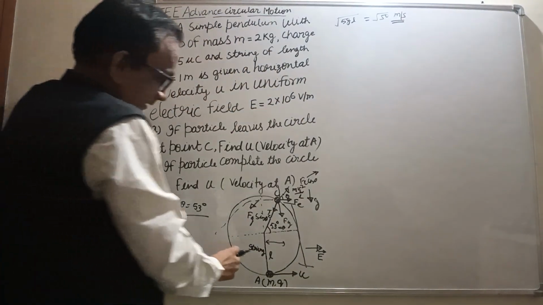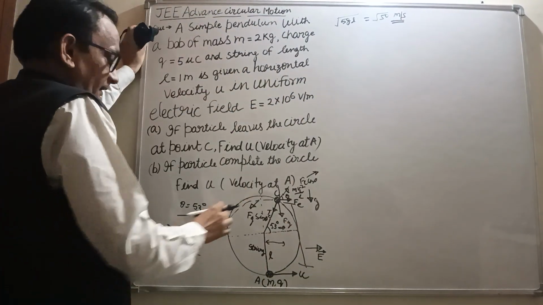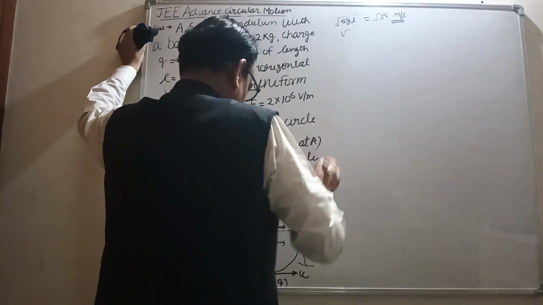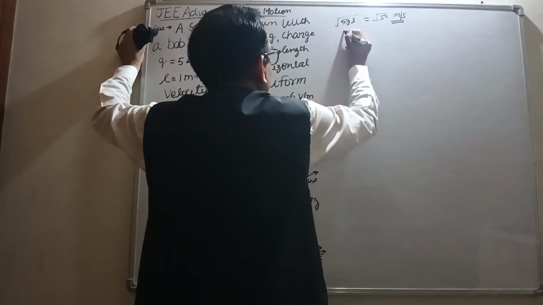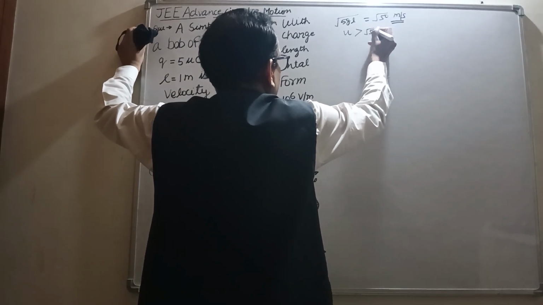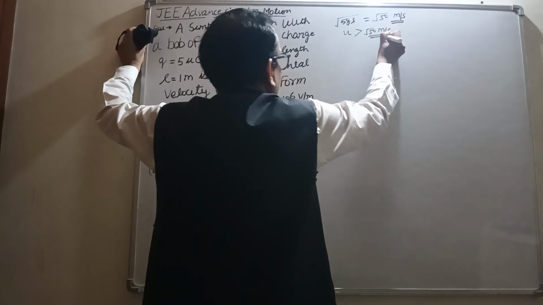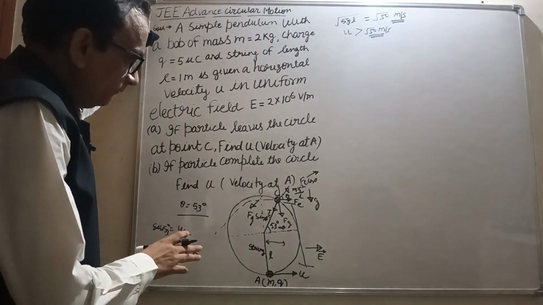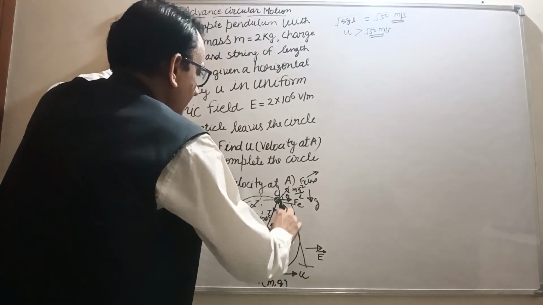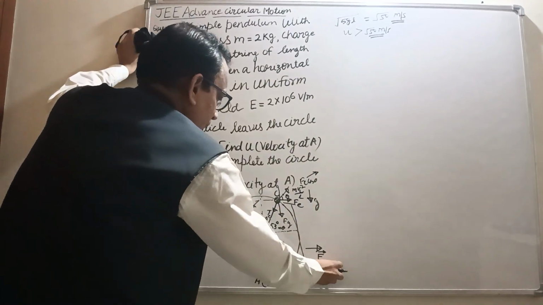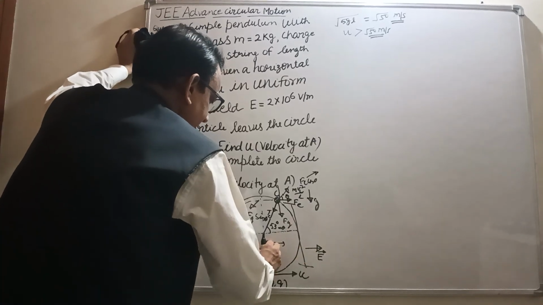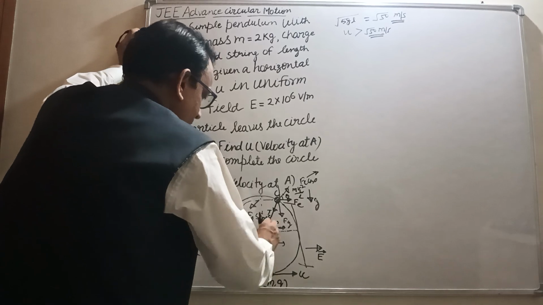But here the electrostatic force is also acting. So the initial velocity u would be greater than root 50 meter per second, somewhat more than that. Because suppose this electrostatic force is not acting, this would be the equilibrium position.